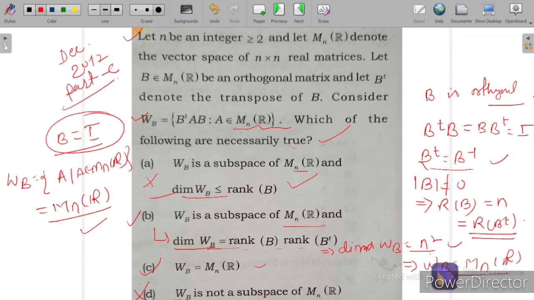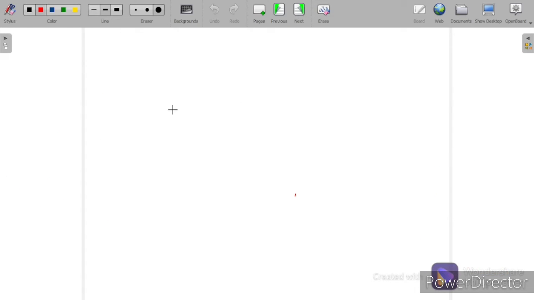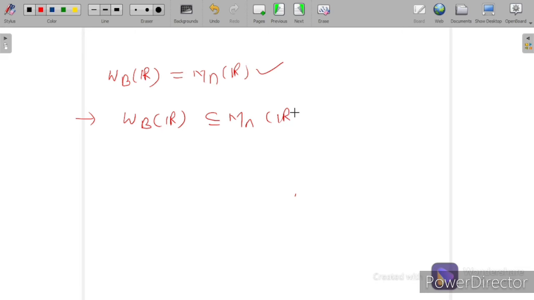Or you can show that W_B equals M_n(R). You can show this also. How can you show this? First, W_B(R) is contained in M_n(R). Okay, this is obvious.